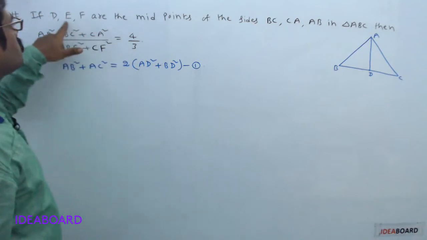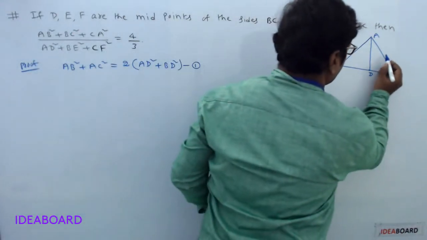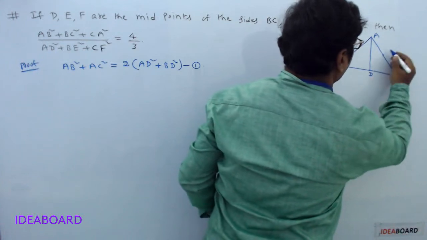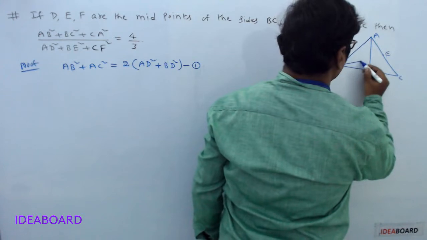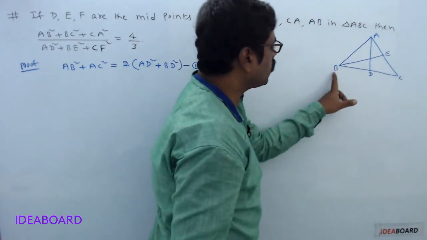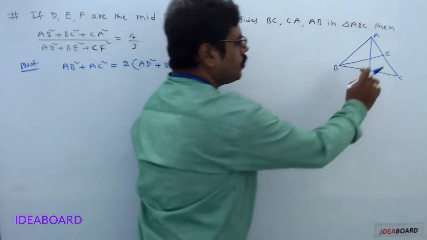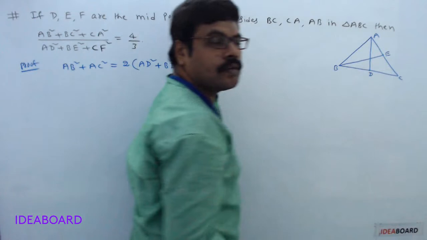Then E is the midpoint of the side CA. Suppose this is the point E. If you connect the points B and E, this is the median passing through the vertex B. Now here E is the midpoint of the side AC.